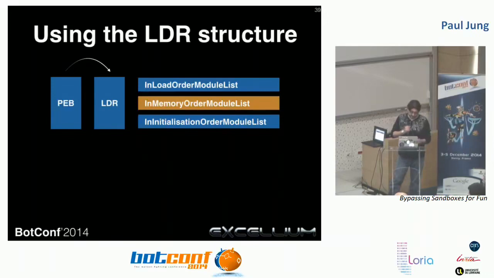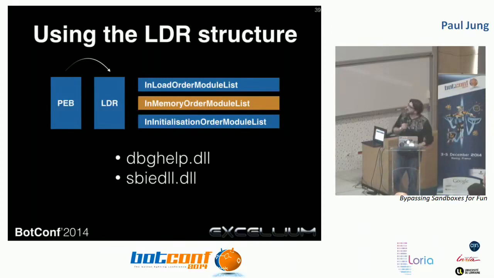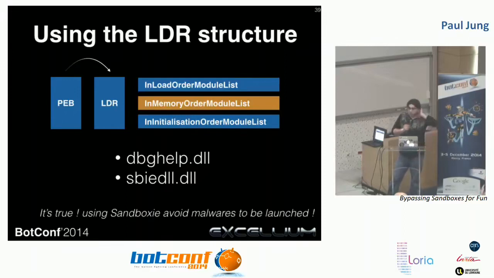It works. You may also list some DLLs, these 2 for example: the Windows debugger, and the second one is part of Sandboxie, a host-based sandbox. So it's true, if you use Sandboxie, you avoid malware, because once malware detects SbieDll.dll, it stops. It works.